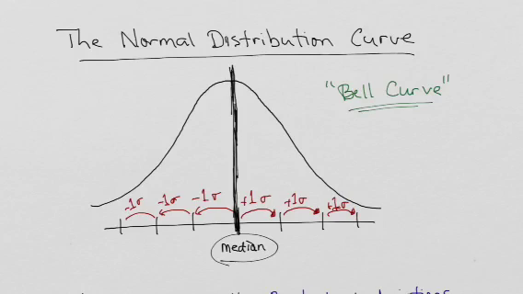Now, to the right, we add standard deviations. So let's just say, for example, that the median is 50 and that the standard deviation is 5. That means to the right, I'll be counting by 5s, and I'll count out 3 spaces. Anything more than 3 standard deviations away from the median is officially considered an outlier. And then we do the same thing to the left.